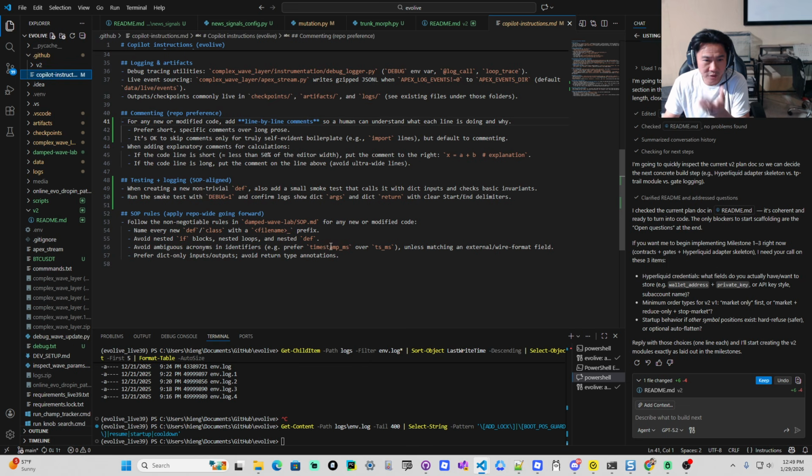I also want things to be prefixed. So the file name starts with trunk morph, and all the classes and functions start with trunk morph. So if I see it in my logs, I know exactly where to go, and it's easy for me to find it. But I guess with chat, you could be ambiguous because it can find it for you. But that gives me an idea of where all the functions being called are coming from.